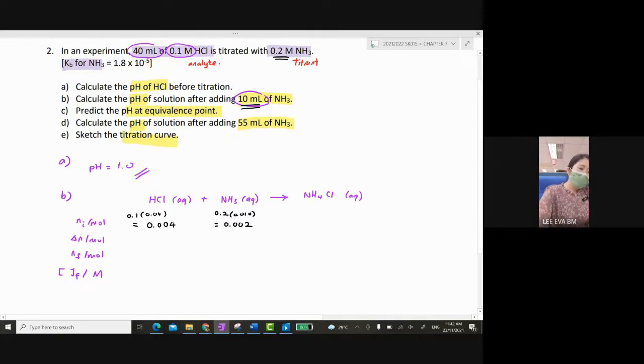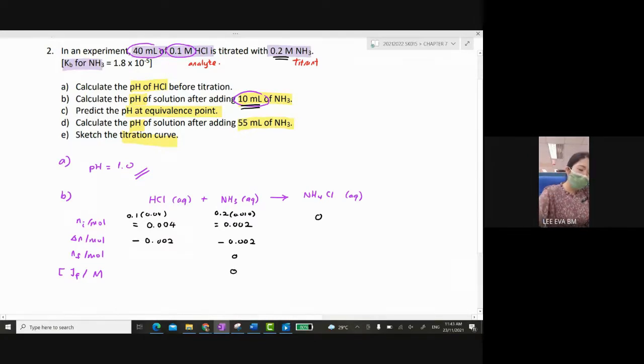Initially the number of moles for the salt is nothing. So now we are doing the initial one. Between HCl and NH3, which one is your limiting reactant? NH3. So we will minus or neutralize all the NH3 added. So now the NH3 remains nothing in your solution.